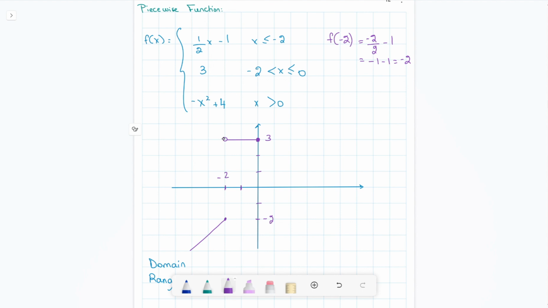The reason I put an empty dot here is because when negative 2 is less than x, it's not less than or equal to, it's just less than. So negative 2 is not included, it's an empty dot. However, 0 is included. x equals 0 is included, so we fill in the dot.